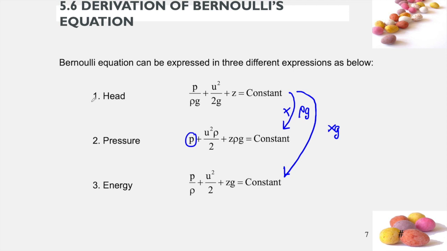Normally, in fluid mechanics, in this subject, we will use Bernoulli's equation in terms of head. Therefore, this equation is normally used for our calculations that involve Bernoulli's equation. The terms are in head.